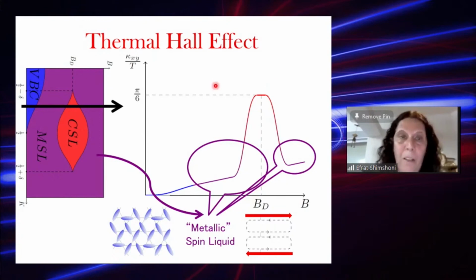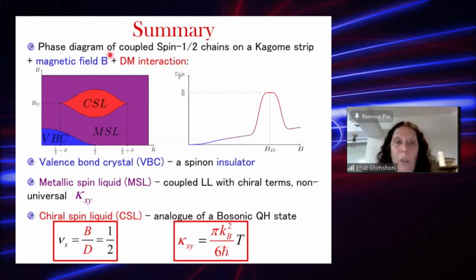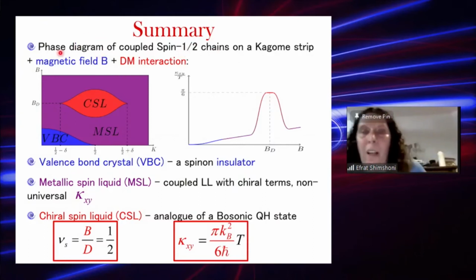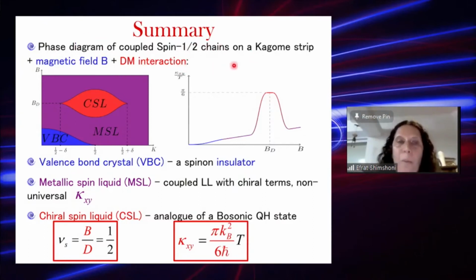So let me summarize. We studied a model for spin-half chains on a Kagome strip, subject to a DM interaction and an external magnetic field. We identify three phases, and the one that I want to emphasize corresponds to some specific range in parameter space where kappa xy is going to be quantized by one quantum of thermal transport.